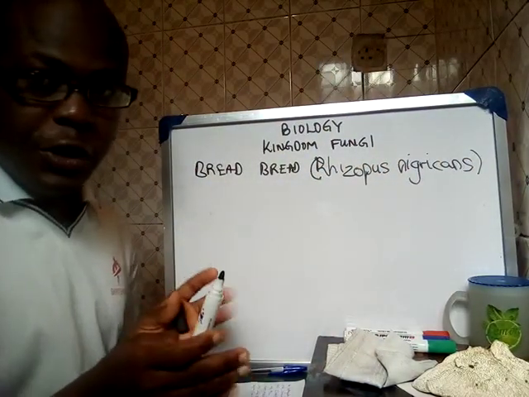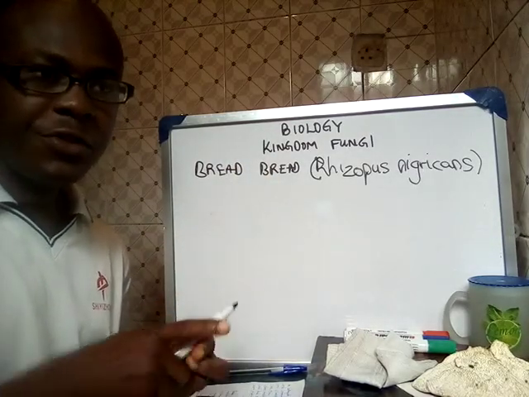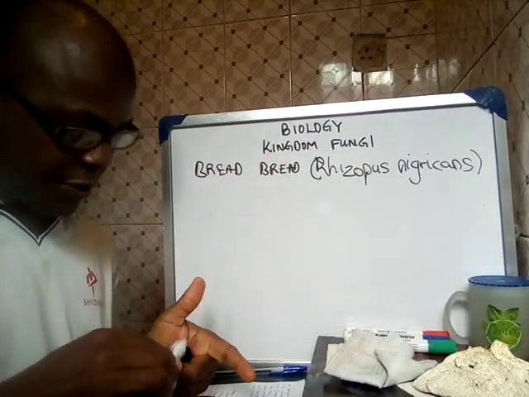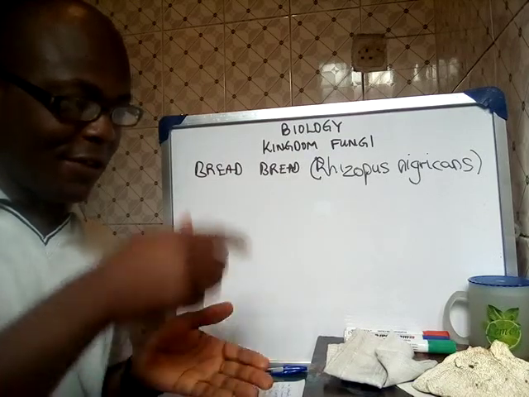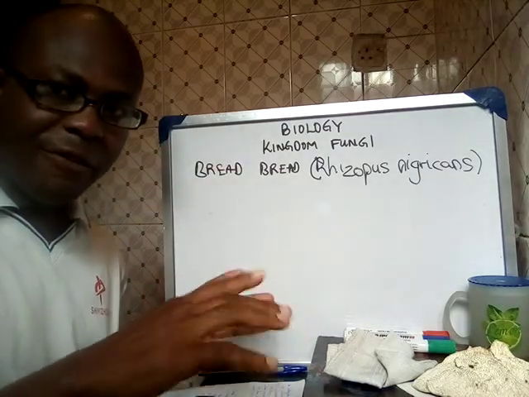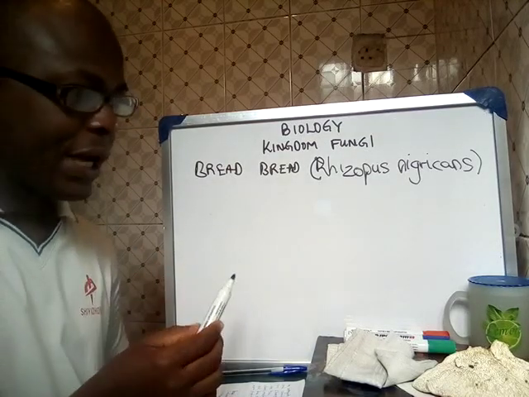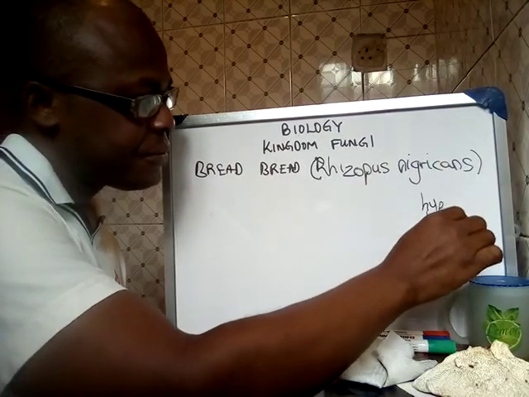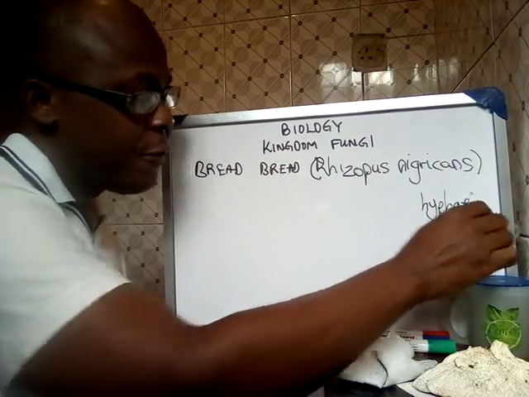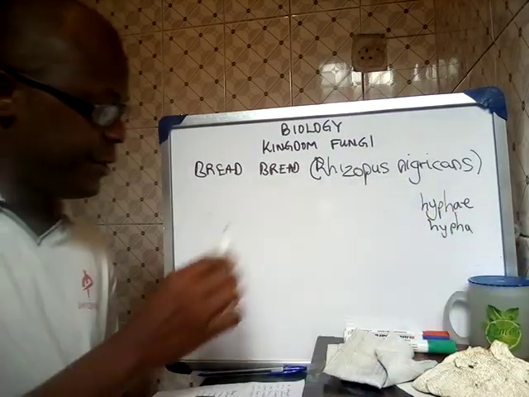Typically, the structure is made up of thread-like structures. On the surface, you see that growth, but inside the bread, you have this crisscrossing of fine thread-like structures. Those structures are called hyphae, hyphae for plural, hypha for singular.